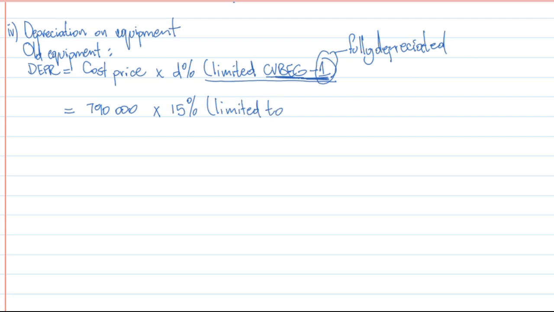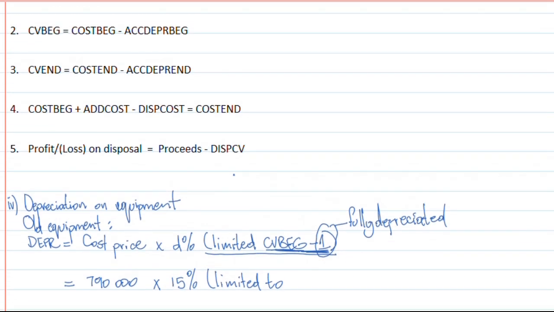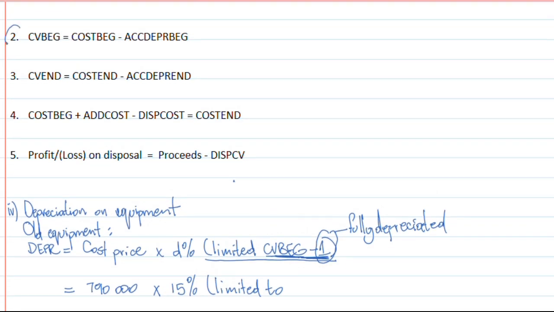We said we calculate carrying value at the beginning of the year using equation number 2, which stipulates that the carrying value at the beginning of the year is equal to the cost at the beginning of the year minus the accumulated depreciation at the beginning of the year. So that's going to be 790,000, which is the cost at the beginning of the year, minus the accumulated depreciation, which is 710,000 rands, minus 1.